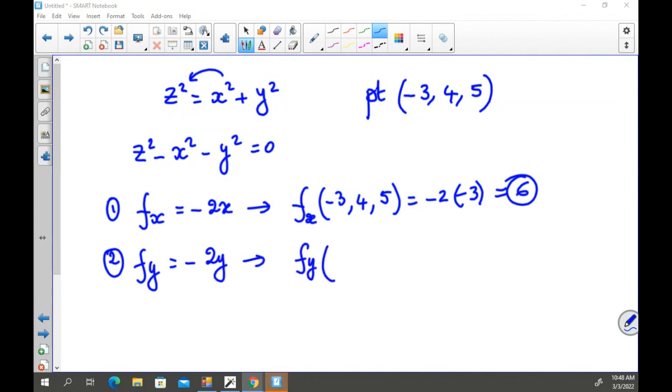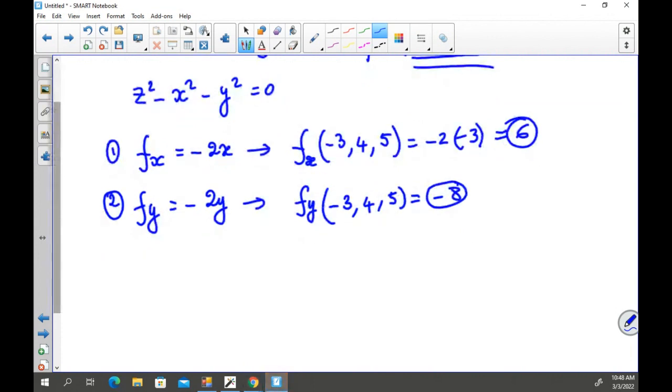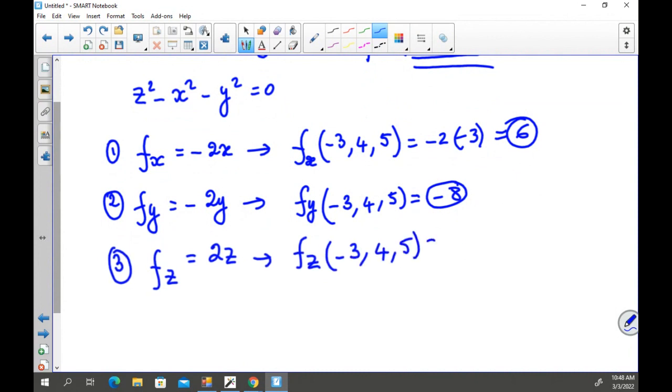So fy at the point (-3, 4, 5) is minus 8, yeah? Or negative 8. And finally, fz. What is fz? 2z. So fz at the point (-3, 4, 5) is 2 times 5, so 10.